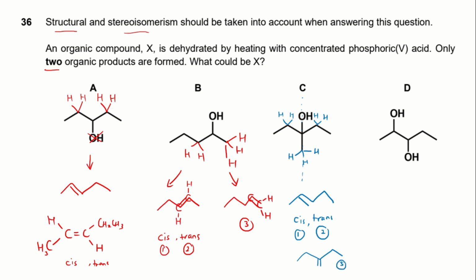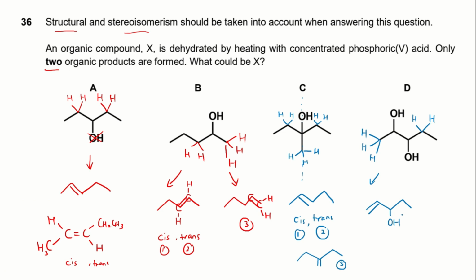Lastly, the molecule in D. Molecule D contains two hydroxy functional groups. Let me show all the hydrogen atoms bonded to their neighbors. Dehydration of molecule D will produce more alkenes. Let's start with the hydroxy functional group on the left. Remove this OH functional group and one hydrogen atom on the neighbor on the left.